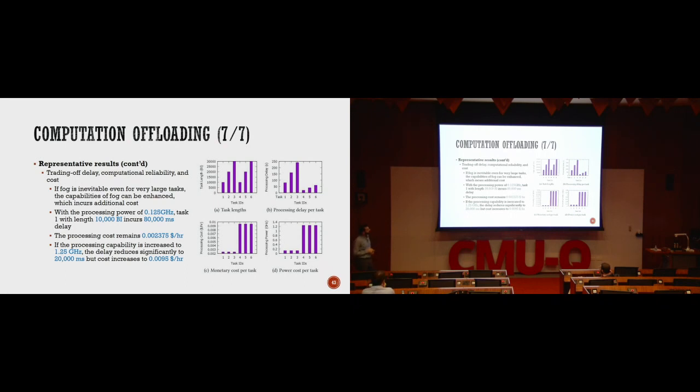But the time goes from 80,000 milliseconds to 20,000 milliseconds, which is only a factor of 4 decrease. So why does your processing multiply by 10, but your delay only decreases by a factor of 4? It depends on the task as well. So in this case, the size of the task, and the same task, if it is run on this capability, the delay factor would be accordingly changed.